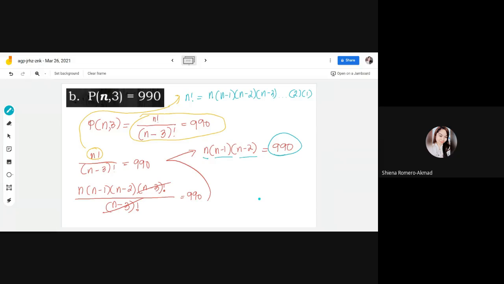So, anong numbers yung magkakasunod and if you multiply them, you'll get 990 as the answer? Anong numbers yun? Isip kayo ng number. Anong number yun?